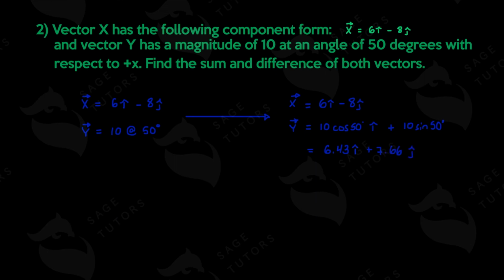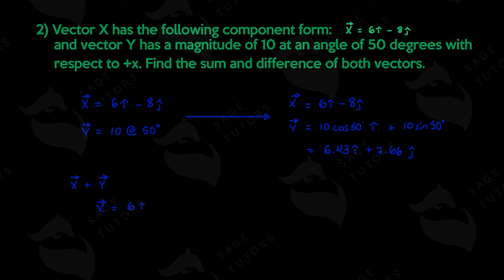So now that I have both vectors in their Cartesian coordinate systems, we can perform the following operations. When we want to add both vectors, remember you can only add their horizontal components together and their vertical components together. So in order to do so, I'd like to write these as a normal sum.